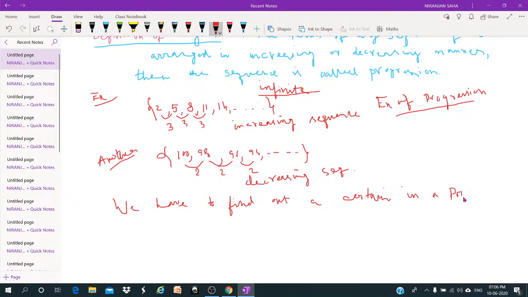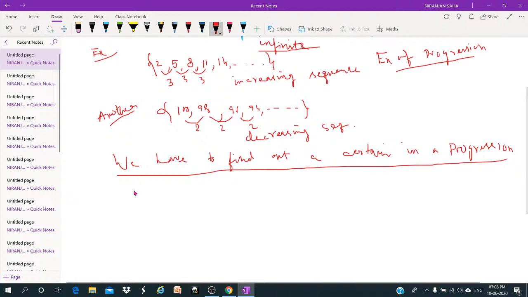If we take any progression, the first element is A1, the second element is A2, the third element is A3, and so on.